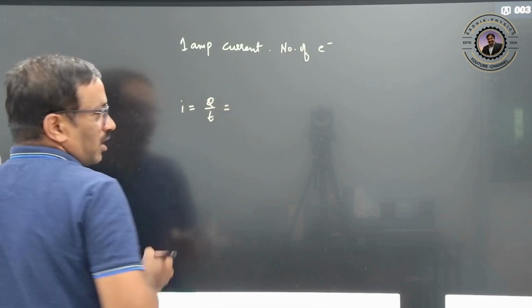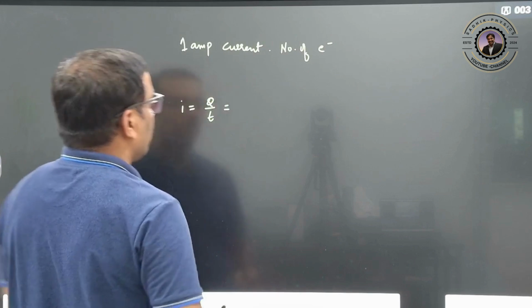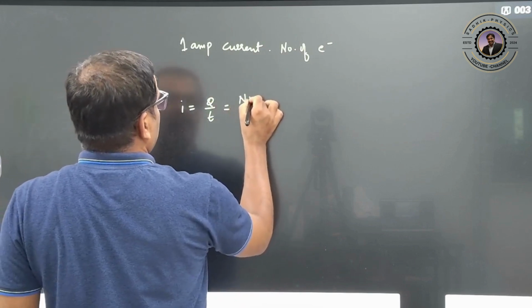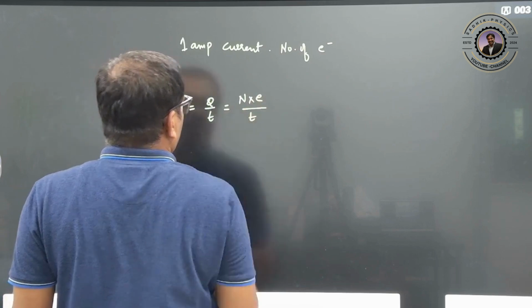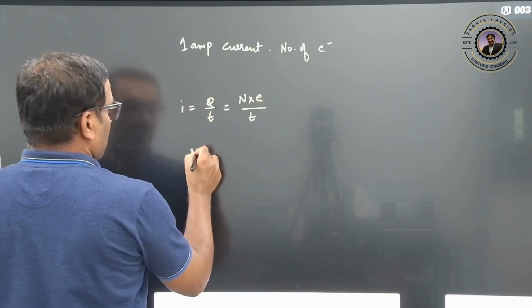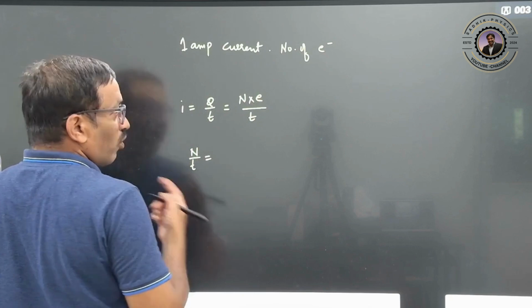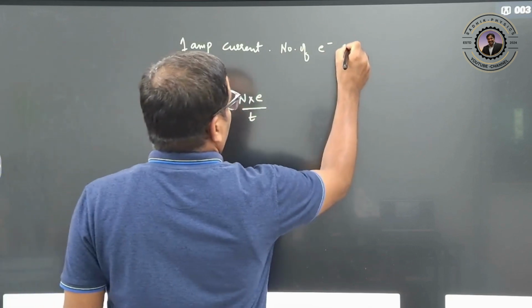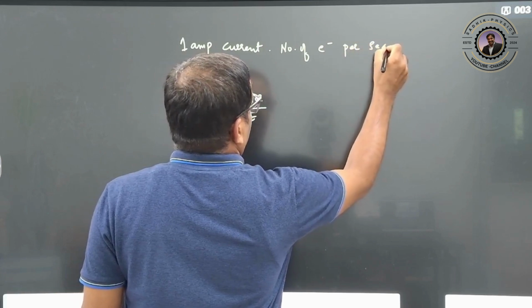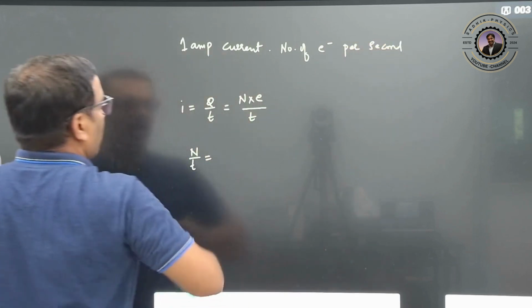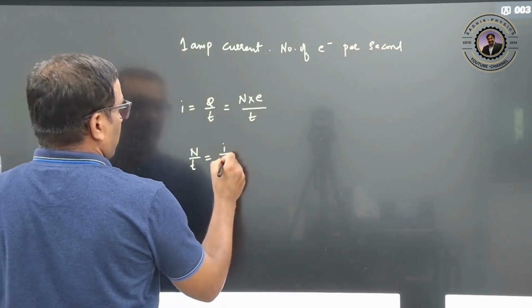Charge is nothing but electrons flowing. So current is the number of electrons into the charge of the electron by time, that is, number of electrons per unit time. So the number of electrons flowing per second, therefore I by e.